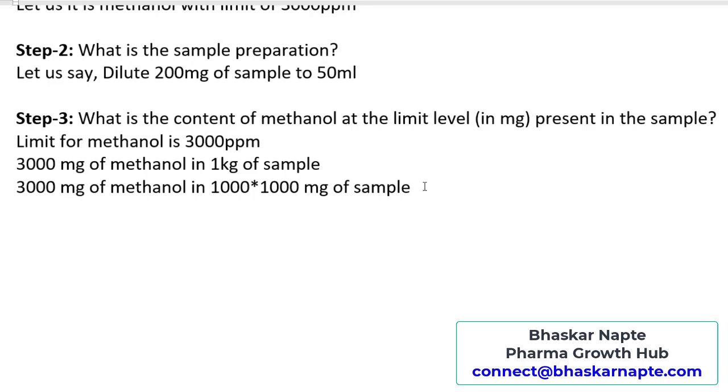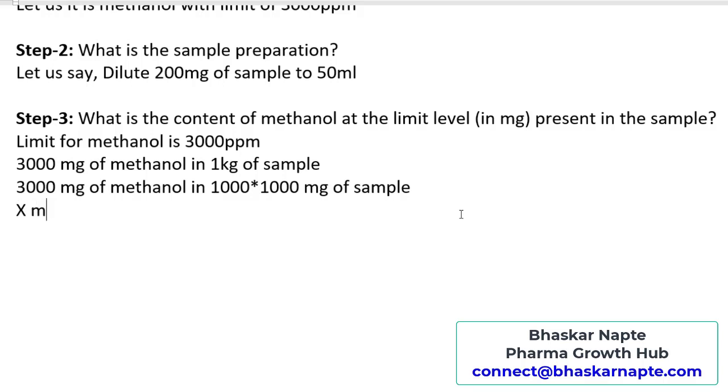Now, am I taking 1 kg of the sample for the analytical experiment? Absolutely not. So how much sample am I taking? I am only taking 200 milligram of the sample. So I need to understand, if 1000 into 1000, that is 10 lakh milligram of the sample, contains 3000 milligram of methanol, how much methanol will be present in 200 milligram of the sample?